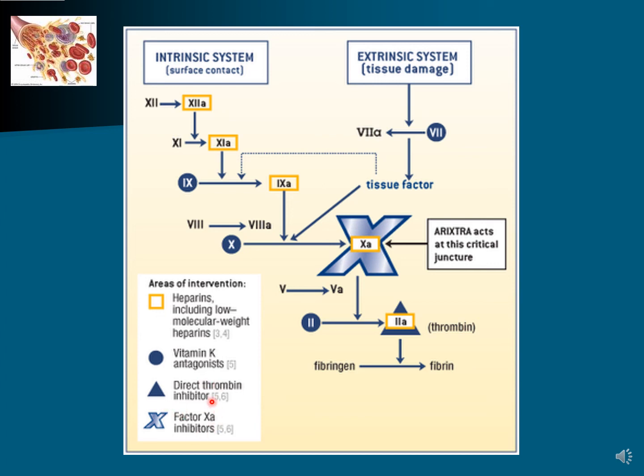And then lastly, you have the big X or 10. These are the direct factor 10A inhibitors, like apixaban, like Eliquis, and so this one acts directly on factor 10. And so that's it for the oral anticoagulants, and thank you for listening, and I will see you in the next module.